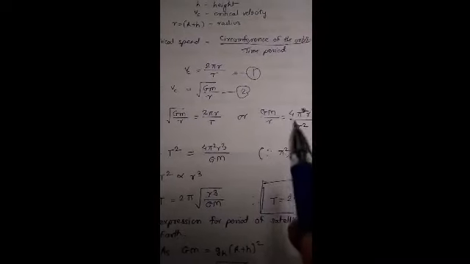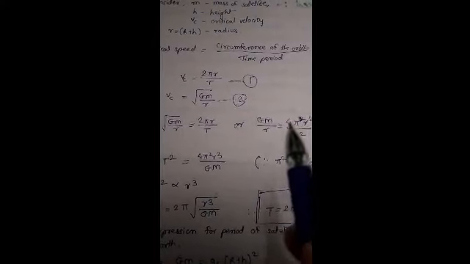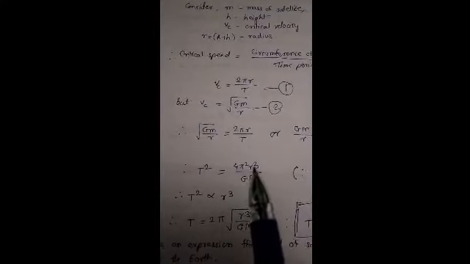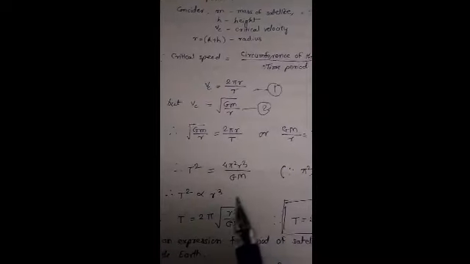Rearranging this equation for T square, GM is in the denominator and r in the numerator, so we get r cube. So T square is equal to 4 pi square r cube upon GM.